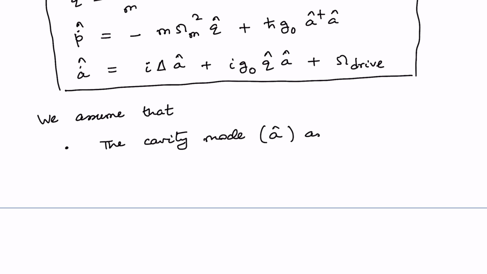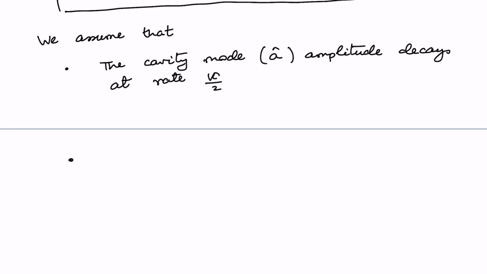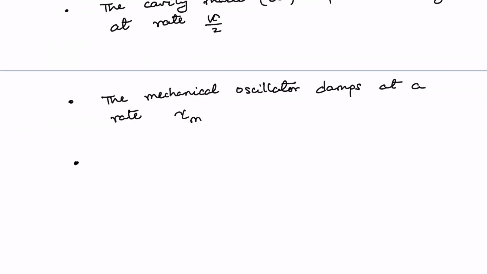Cavity mode amplitude decays at the rate kappa by 2, and another assumption is that the mechanical oscillator also decays. The mechanical mode, in fact, the mechanical oscillator damps at a rate gamma m.